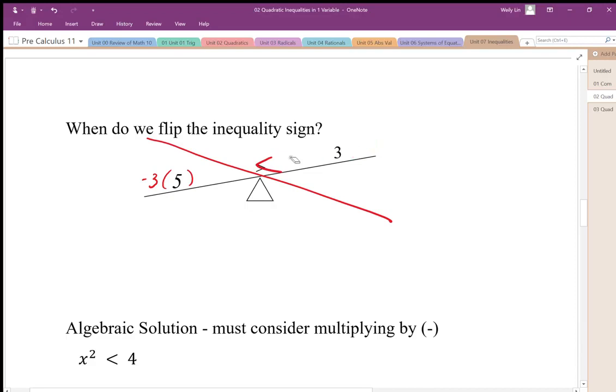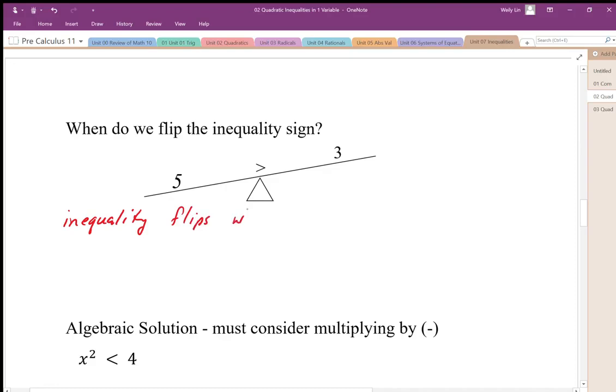So when we multiply or divide by a negative, we need to flip the inequality sign. So the inequality sign flips when we multiply or divide by a negative.